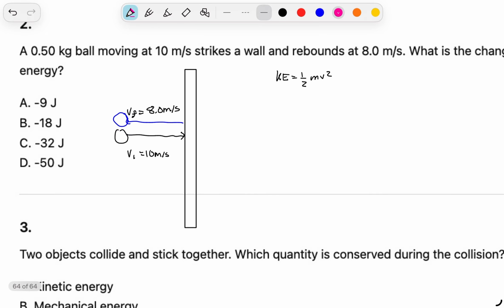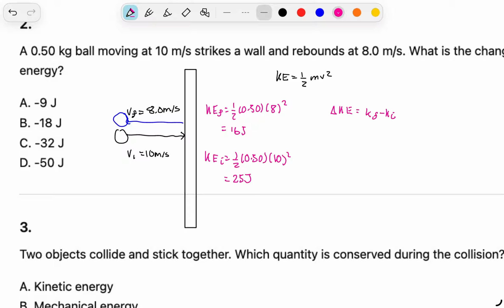Now you do it for both final and initial. So this is equal to 16 joules. Now you have to find the change in this. The change is going to be 16 minus 25, which is negative 9 joules.